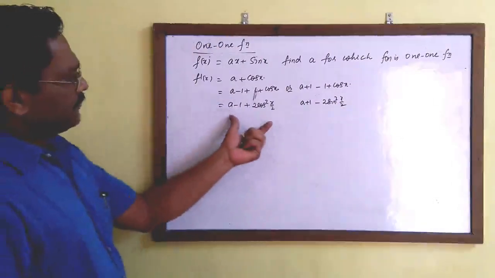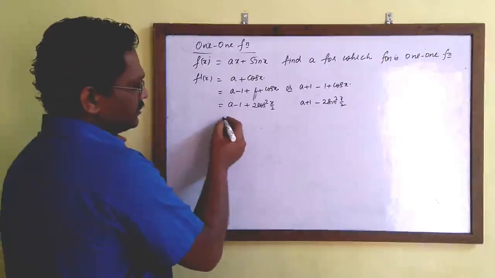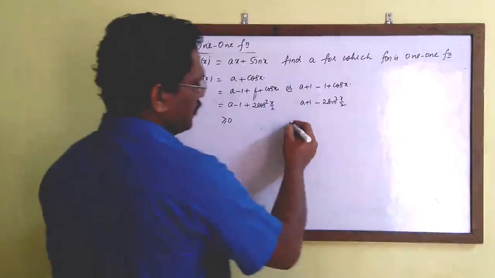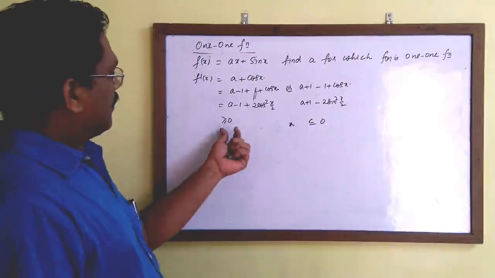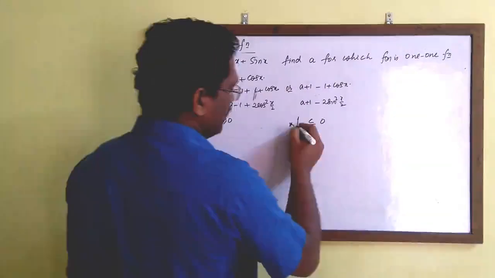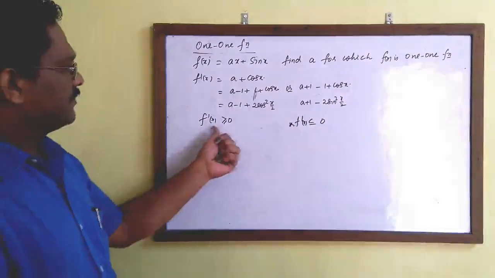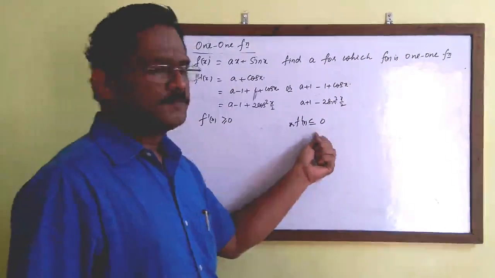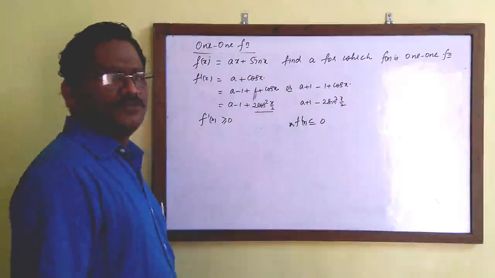Now observe this carefully. See, if this parameter is greater than or equal to 0 or less than or equal to 0, then either f dash x is greater than or equal to 0 or f dash x is less than or equal to 0. In both cases, my function is going to be a 1-1 function. Now 2 cos square x by 2 is always greater than or equal to 0.